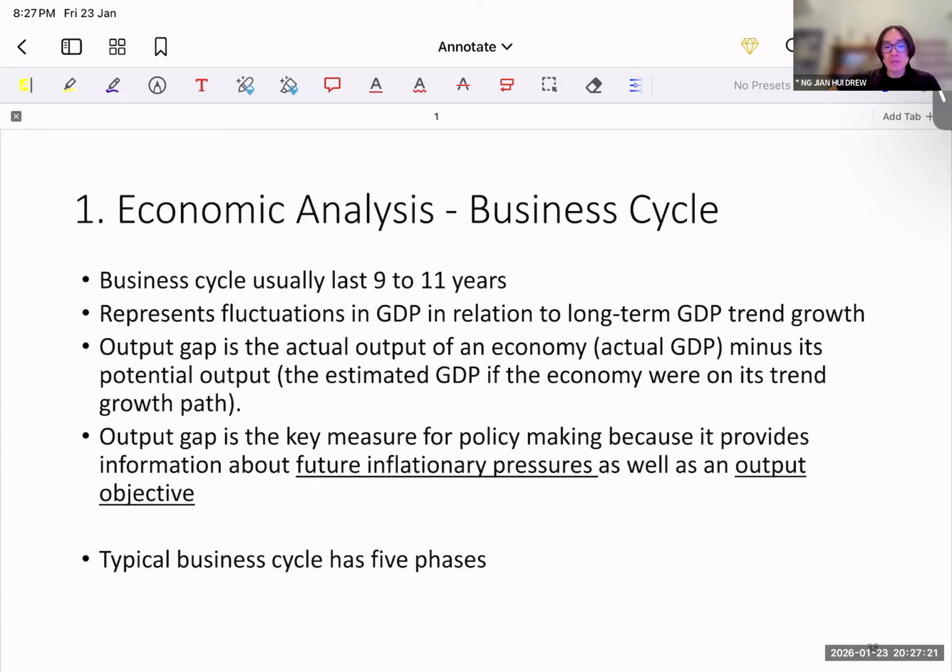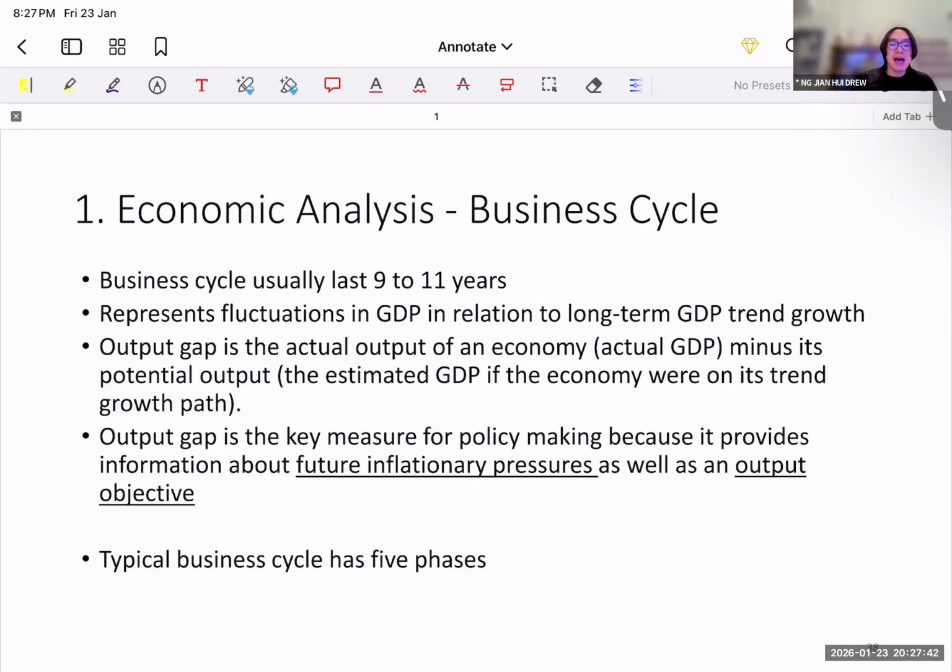And so, having done economic analysis from a broad economy view, we now focus on the business, in terms of the business cycle of the economy. We typically know that a business cycle lasts between 9 to 11 years. There are going to be ups and downs.